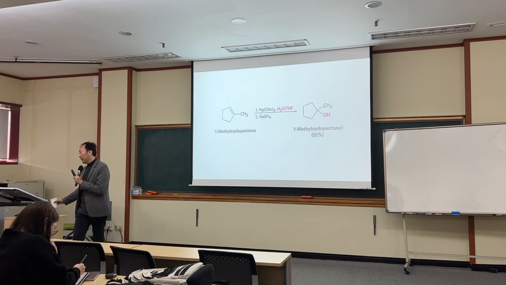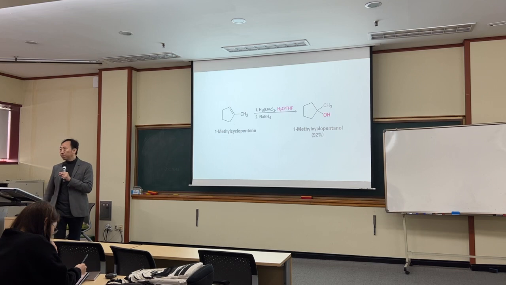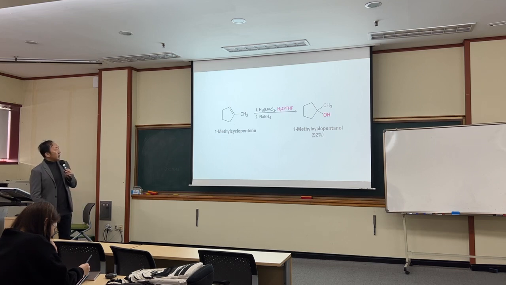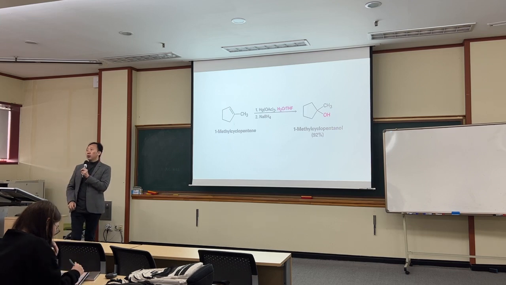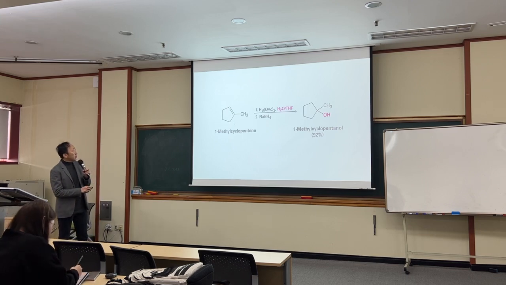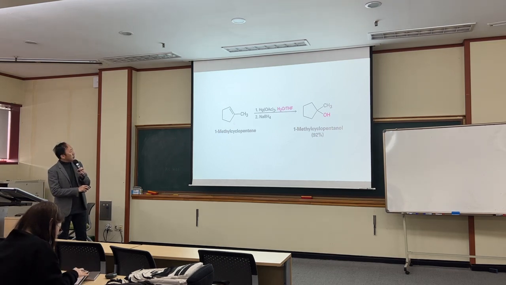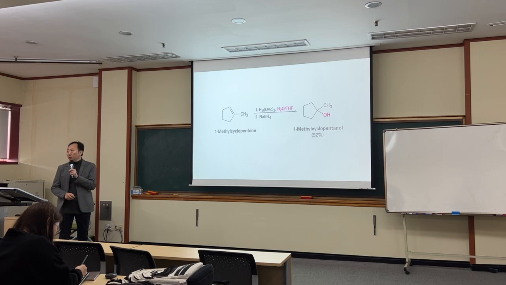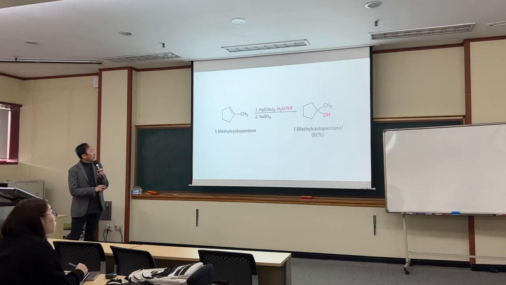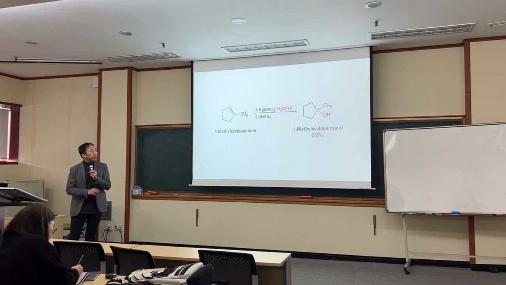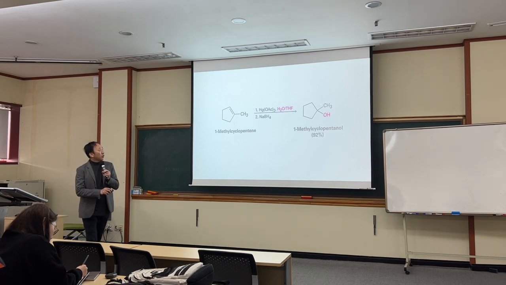So charged mercury, the ion, is like an acid. Into this double bond, if you add mercury, then that acts similar to a proton. So that binds to some position and then generates a carbocation among these two positions. Which way? This way, because that's the more substituted position. Then mercury is added here, and then water attacks that position, and then mercury is removed. Then your product is this one.